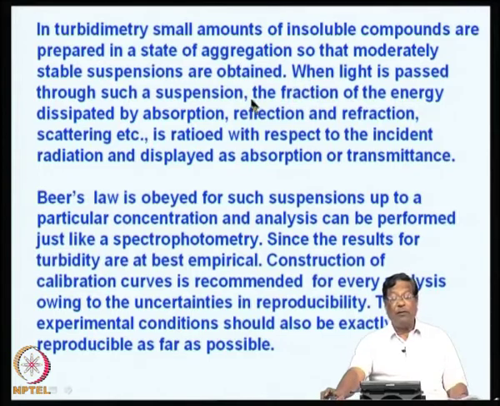When light is passed through such a suspension, a fraction of the energy is dissipated by absorption, reflection, refraction, scattering, etc. Whatever is lost with respect to the incident radiation is ratioed with respect to the incident radiation and displayed as absorption or transmittance.